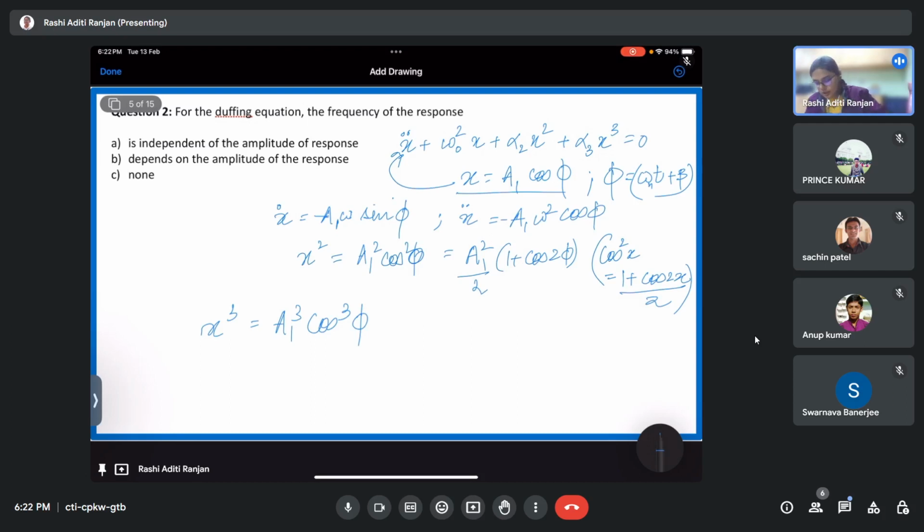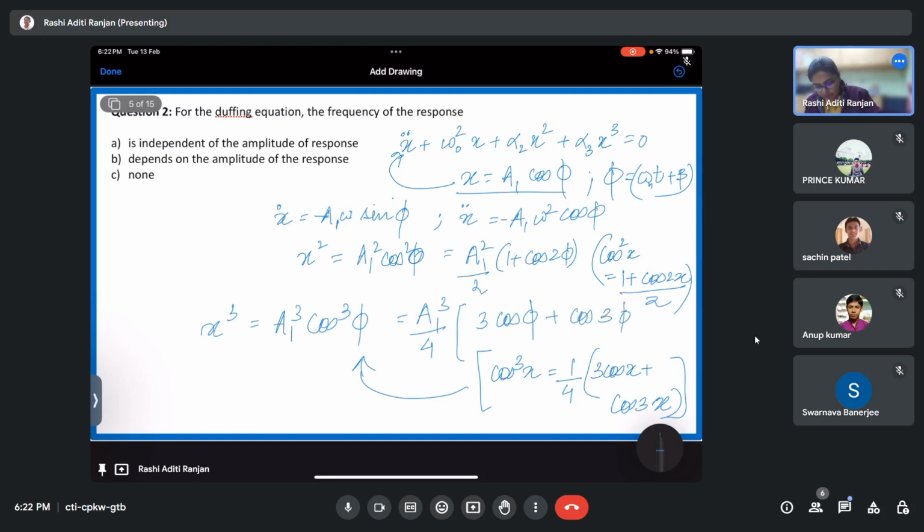And by using the identity, for cos cube x I can write 1 by 4 into 3 cos x plus cos 3x. So I can write it like a1 cube divided by 4 into 3 times cos phi plus cos 3 phi.